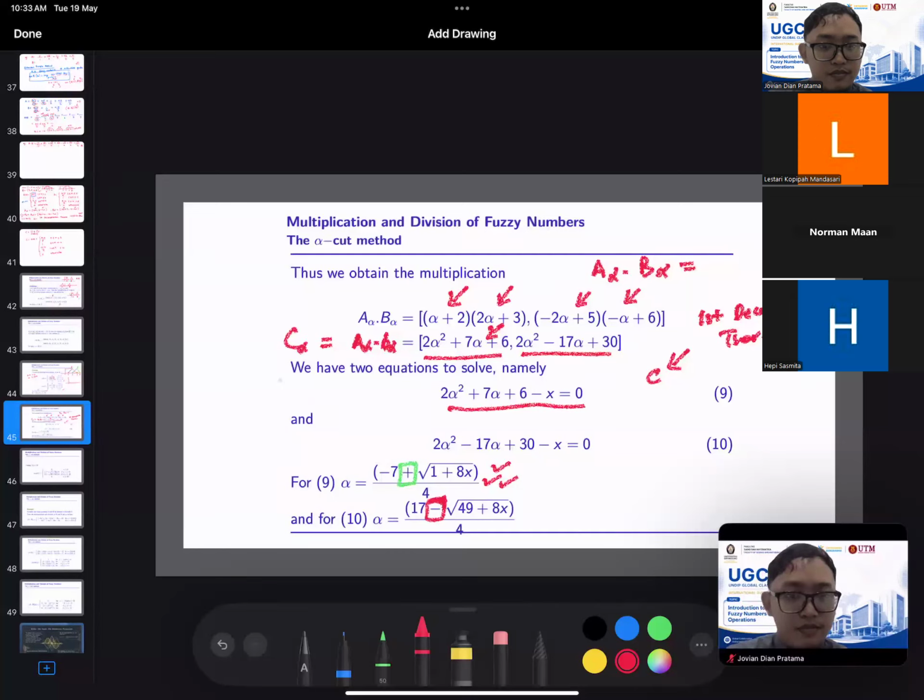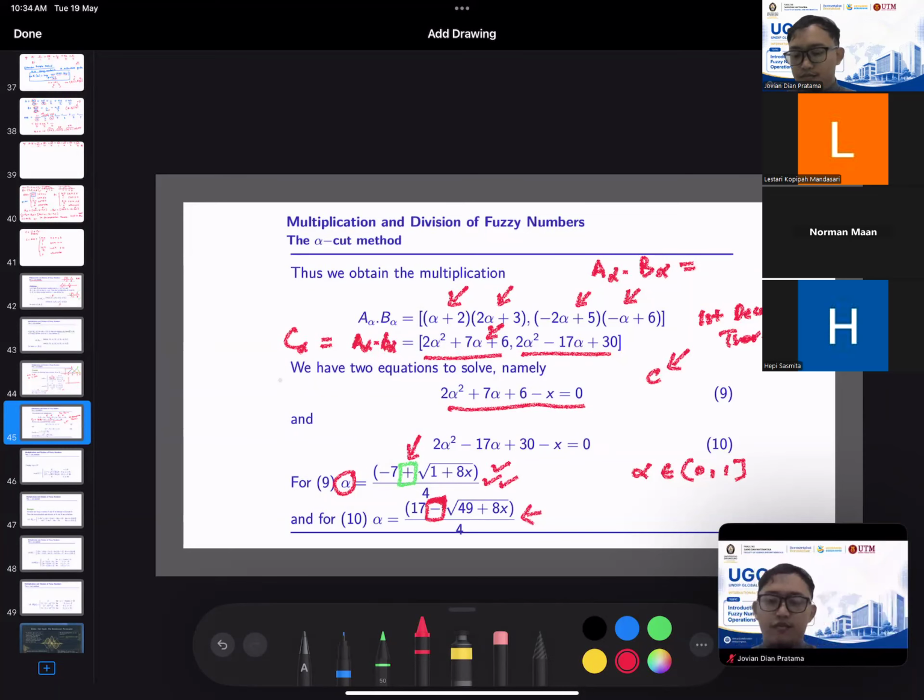Since nobody answered, because we are talking about the alpha cut here, your alpha is always between 0 and 1. If you choose a negative value here, the value of alpha will be negative, which is not in the region of alpha. The same case for this one: when you choose the positive one, you will get a value more than 1, which is not in the region.